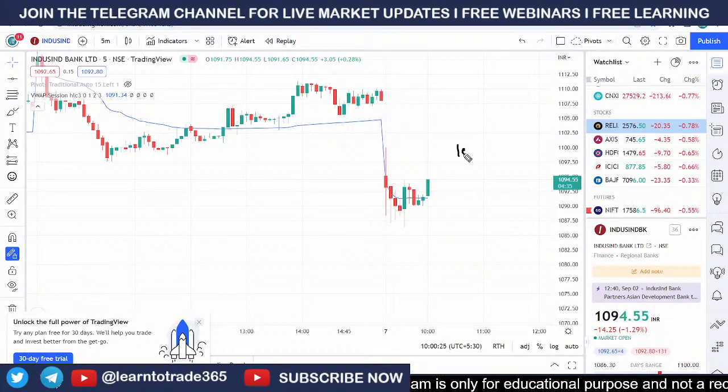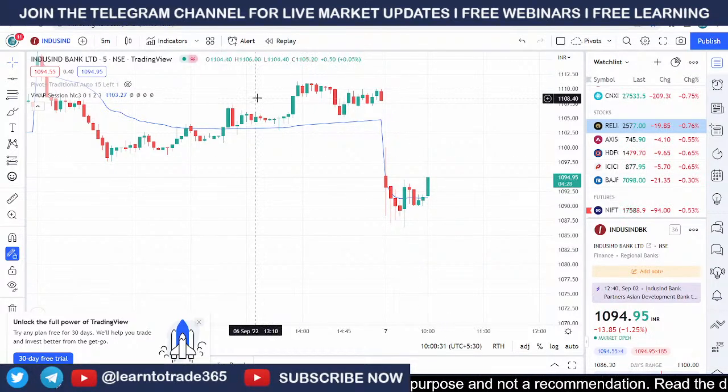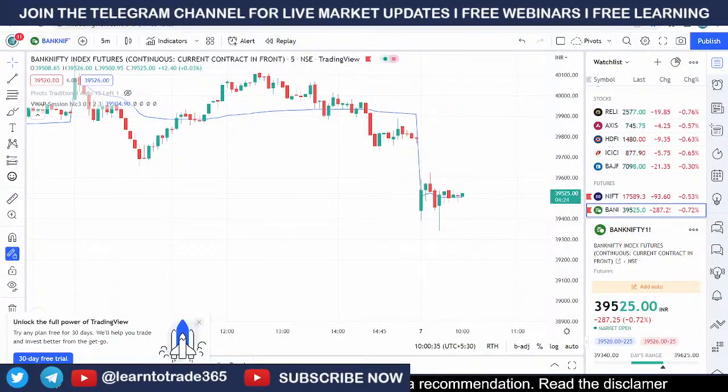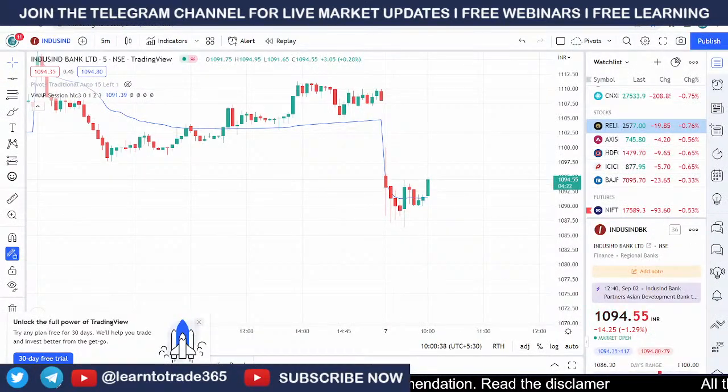Clearly IndusInd Bank is looking bullish above 1096 का levels. Okay, IndusInd Bank looking bullish clearly for me above 1096 का levels. So there is one good contributor. If the price is firm, that will be a contributor.